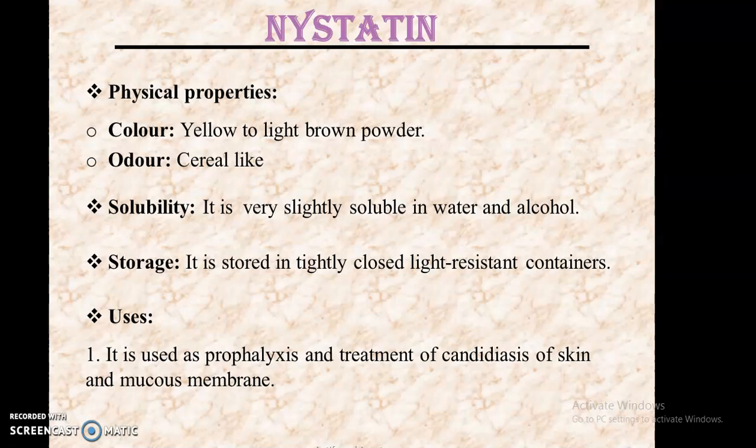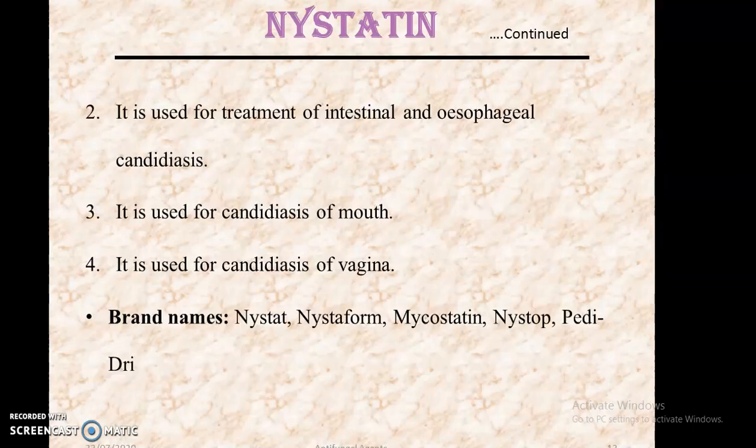Uses: Nystatin is used for prophylaxis and treatment of candidiasis of skin and mucous membrane. It is also used for the treatment of intestinal and esophageal candidiasis, and candidiasis of the mouth and vagina. Nystatin is known by the brand names Nystat, Nystaform, Mycostatin, Nystop and Perideri.